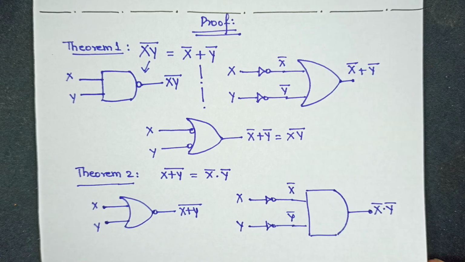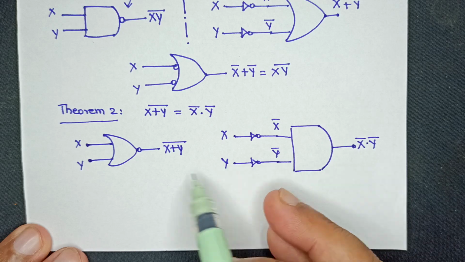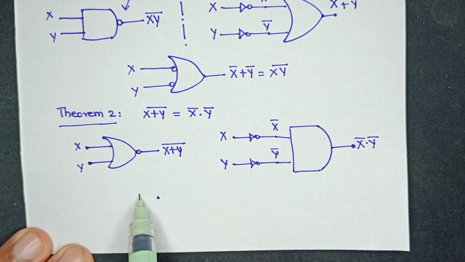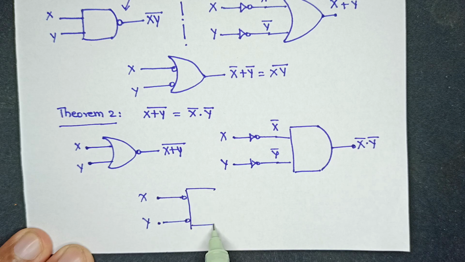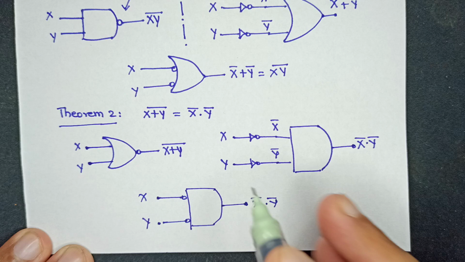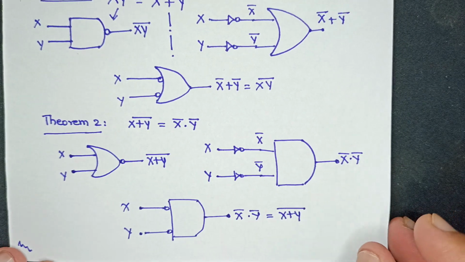So as you can clearly see, in this situation the influence of the gates is clearly visible. So if I take an input x, an input y, and substitute the inverters with these circles and apply an AND gate over here, then this is equal to x bar dot y bar. So this is equal to (x plus y) whole bar.